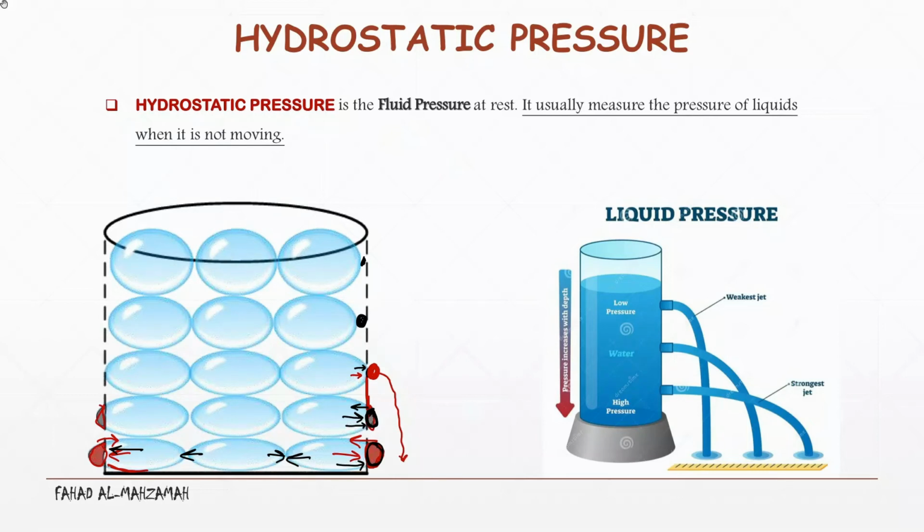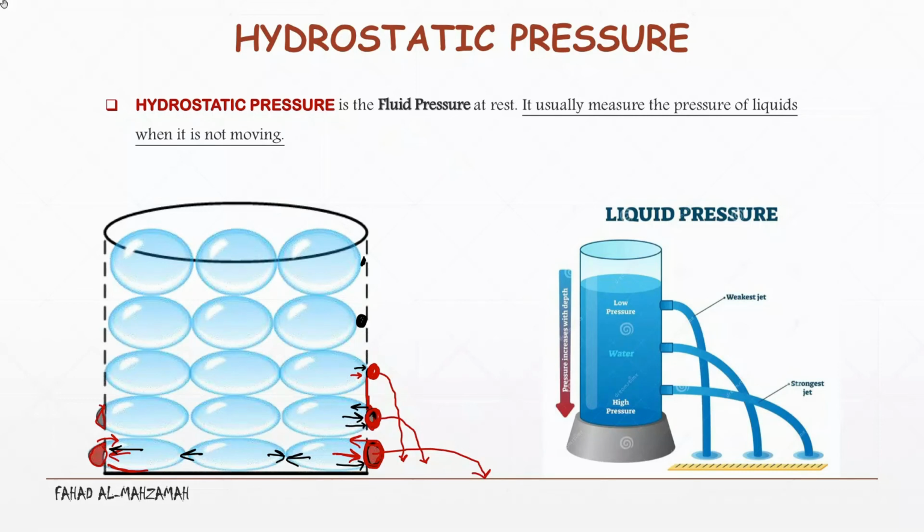However, if you punch a hole here, there is a higher pressure than the top one, so it will come with greater velocity than the previous one. However, if you punch a hole in the bottom of the container, which has the maximum pressure on the wall, it will come with maximum velocity out of the container.